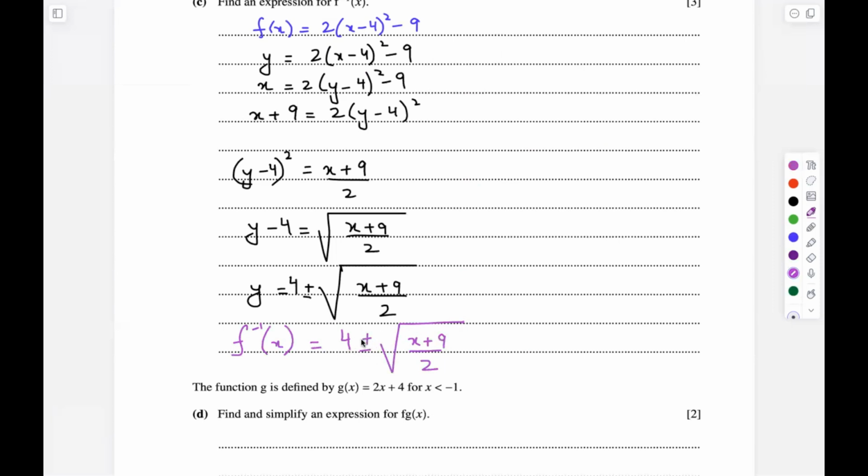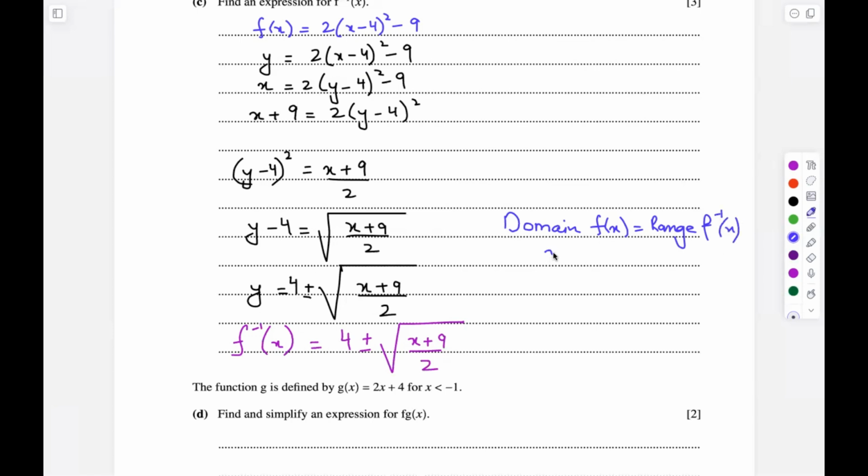Now, if we take a plus value, the range will be greater than 4. So what we need to understand is that the domain of f of x is equal to the range of f inverse of x.